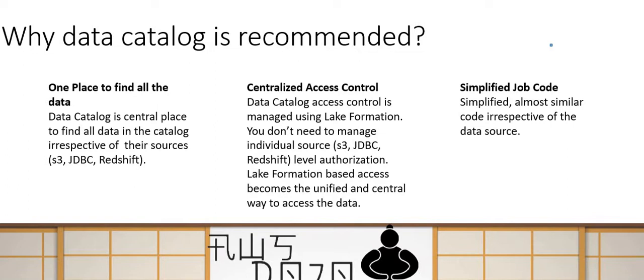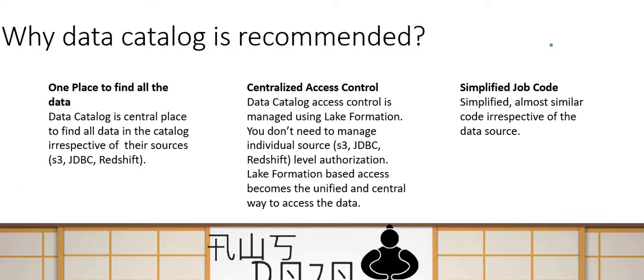So you don't need to worry about 50 different packages and 50 different methods to write your code. All you have to do is find a single method, a single approach, using, like, I'm going to give an example using PySpark in this case, to talk to each of these data sources.